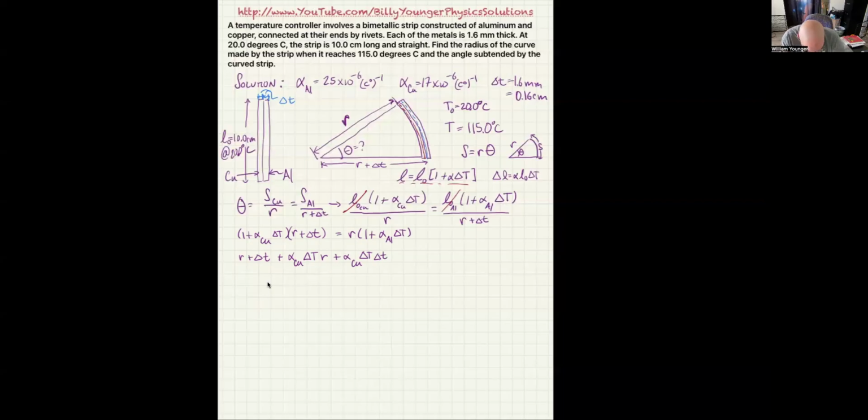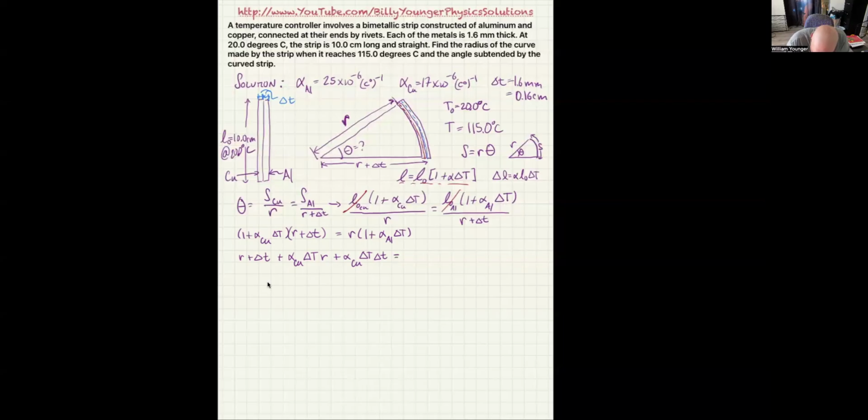That takes care of the four terms. Let's see. Yes, I have the R. It's two binomials. So there's an R plus delta T that has two terms, and there's a 1 plus alpha copper delta T that has two terms. So we multiply them, we should actually get four terms, and you can see we have three equal signs here, so it's clearly four terms. So that's a nice little check.